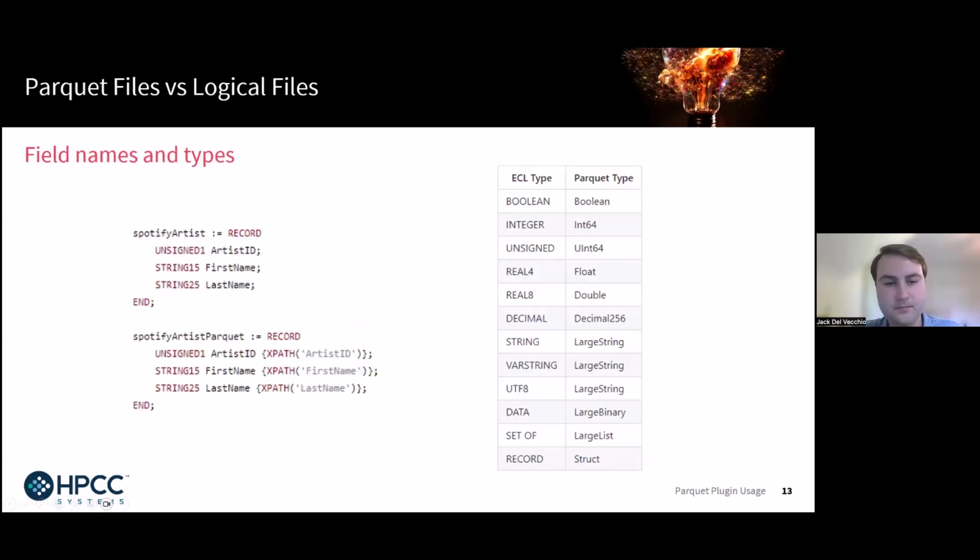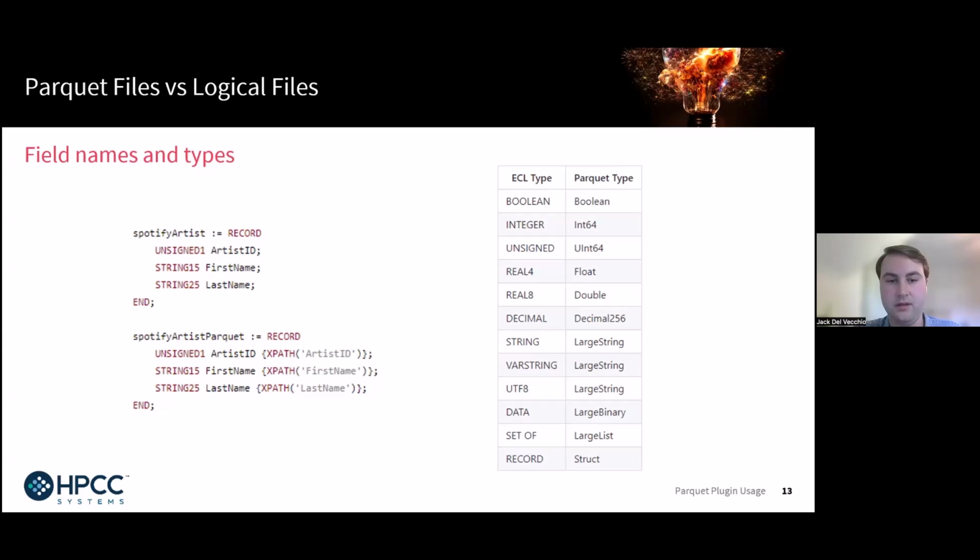Another thing that is different with ECL records and Parquet files is the record definitions. The types in the record definitions are mapped to Parquet types. If you look at the table on the right, most of the types match up fairly well.